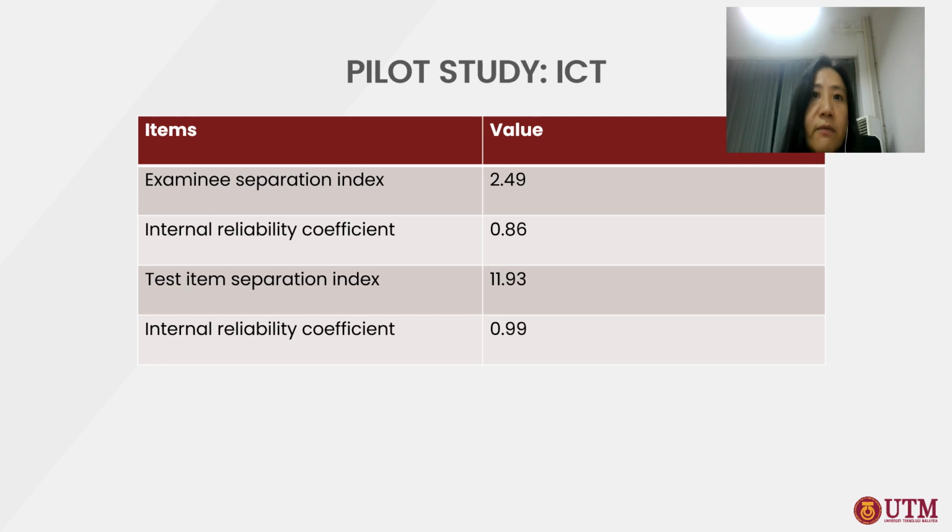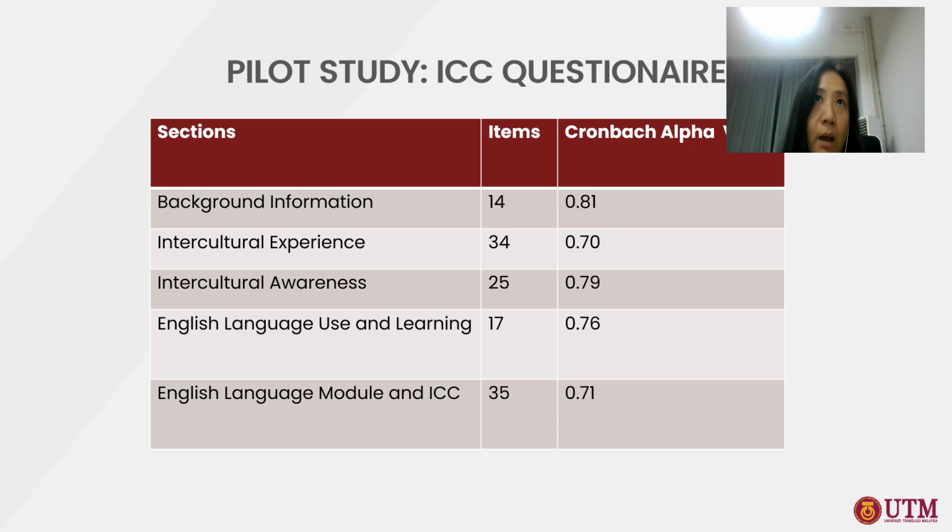These results show that the ICT has high reliability, can measure the intercultural competence of the examinees, and distinguish the examinees' competence effectively. The results of the pilot study of ICC questionnaire indicate that the questionnaire is reliable for data gathering purposes. The Cronbach alpha value for questionnaire is 0.8, which suggests that the statements in the questionnaire are internally consistent and the questionnaire is reliable.